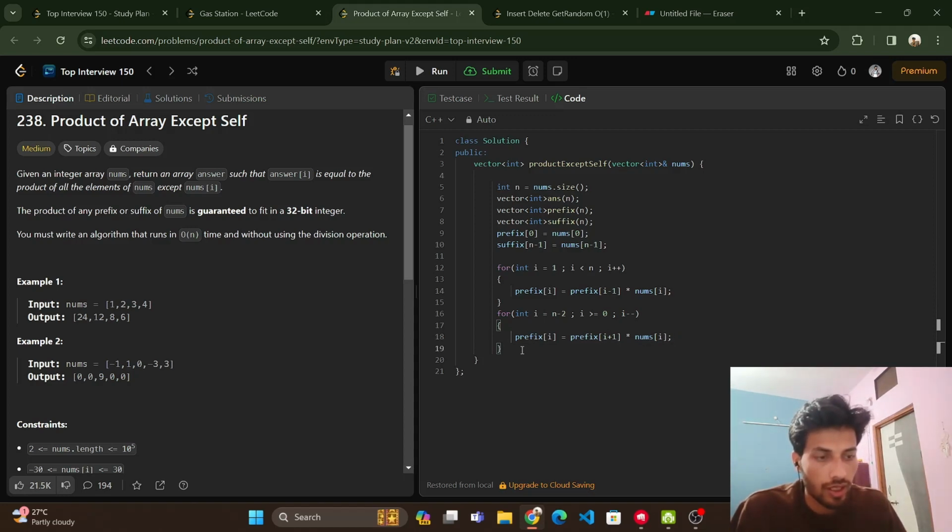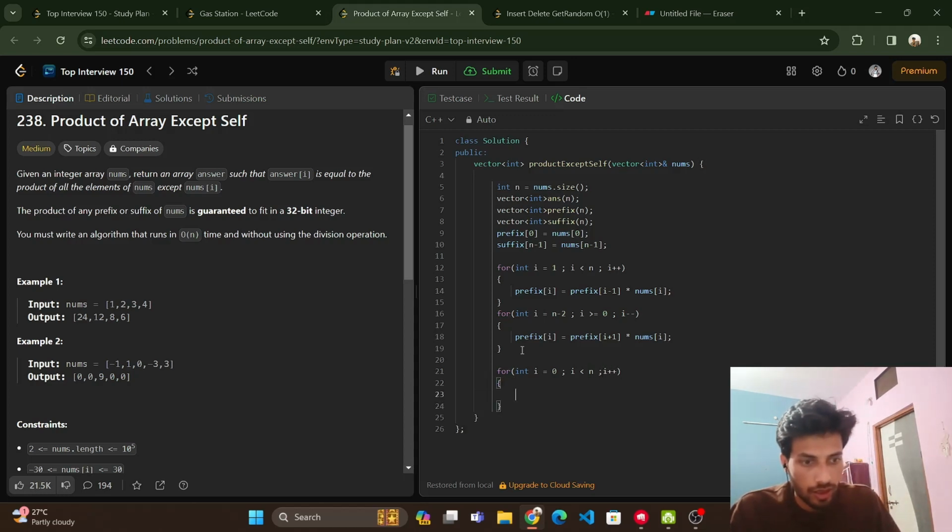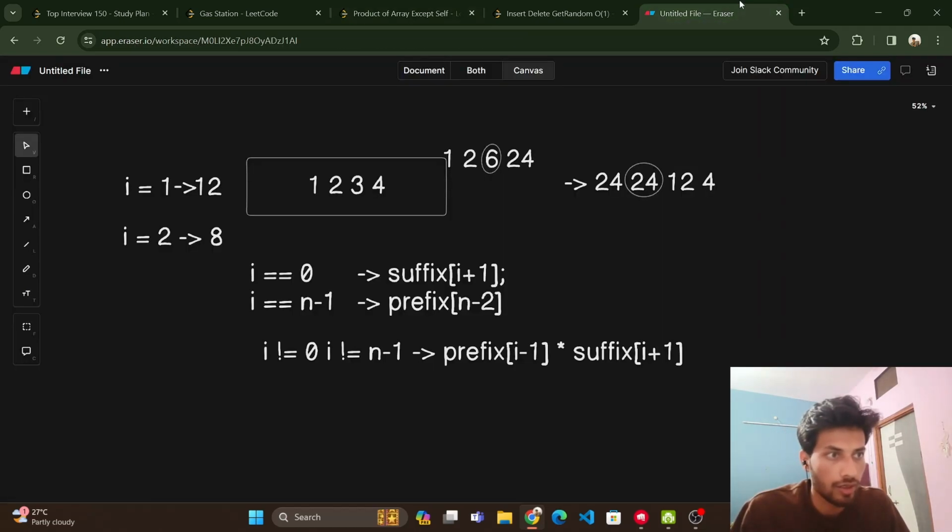Now I'm going to solve the cases. For int i is equal to 0, i less than n, i plus plus. The first case is if i is equal to 0, we will just use this case: if i is equal to 0, answer would be suffix of i plus 1.